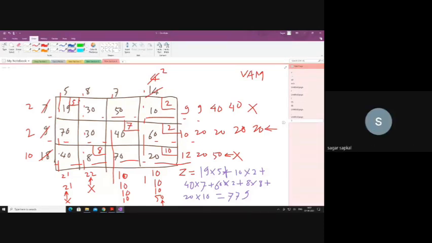Non-degenerate. When it is non-degenerate, you can go ahead. If it is degenerate, the degeneracy needs to be resolved. We'll take one example later for resolving the degeneracy. At this point, you focus on the non-degenerate solution. As it is non-degenerate, we have to apply the optimality test.